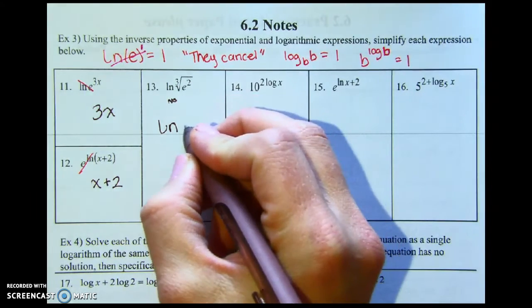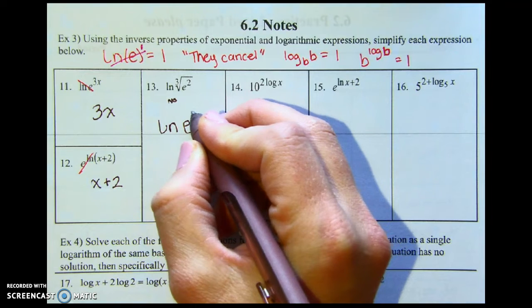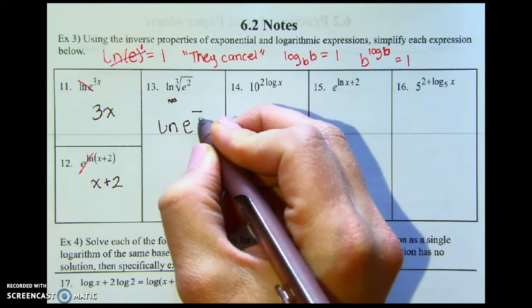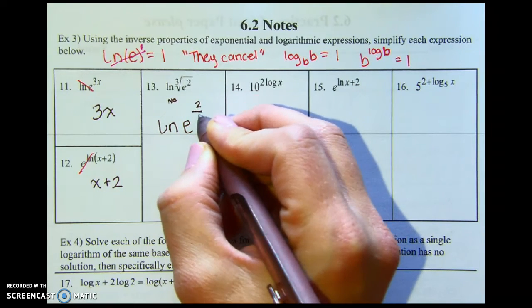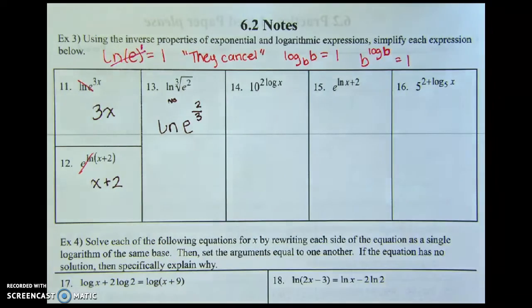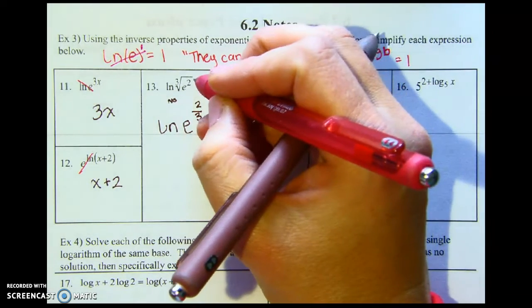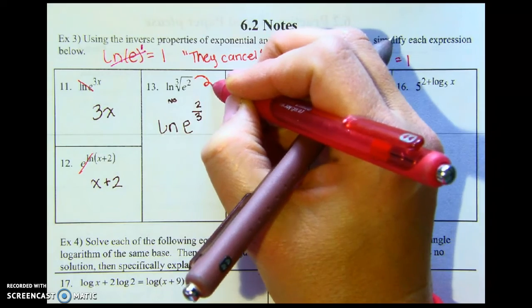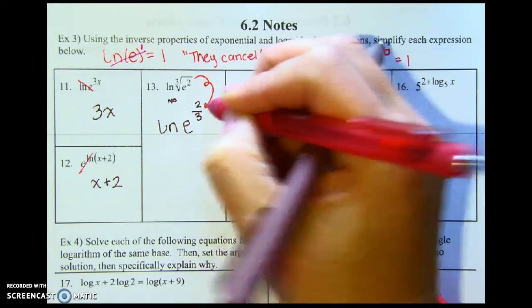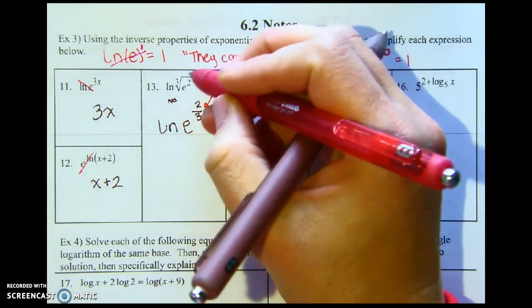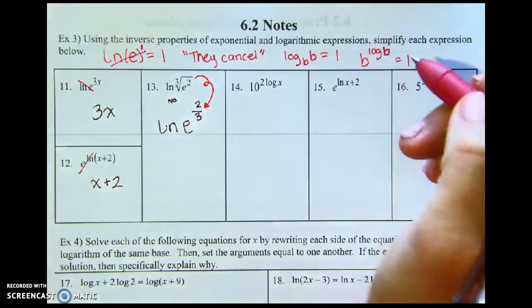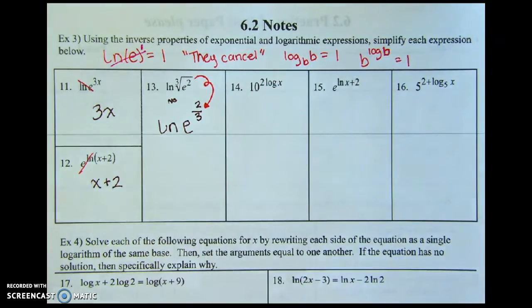So e, do you remember power's on the top, root's on the bottom. So this is a power of 2 over 3. Why did you learn that last unit? So you could do this in this unit. So we learned this in the last chapter so that you could rewrite it like this. And now what do you notice?